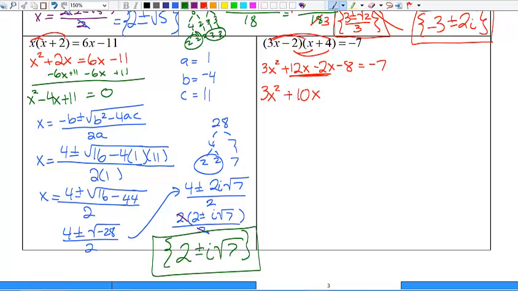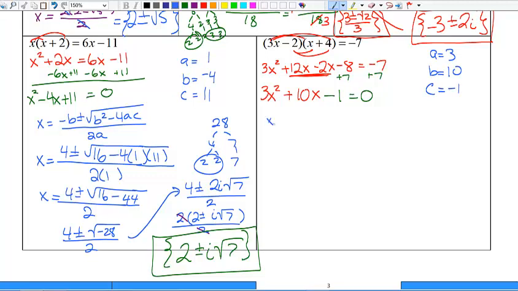And at the same time, I'm going to add 7 to both sides to get minus 1. So my a, b, and c are a is 3, b is 10, c is negative 1.